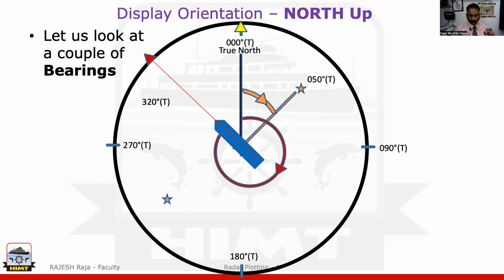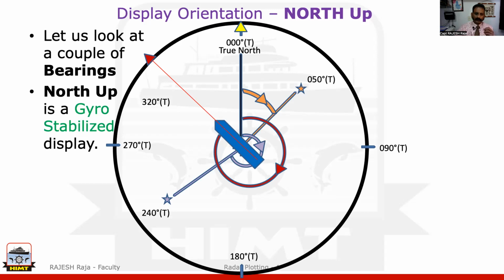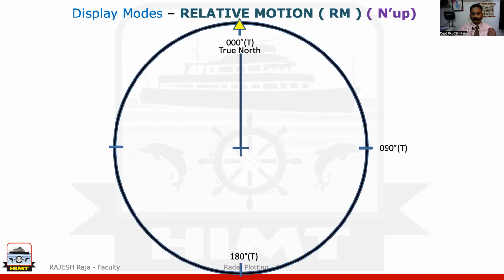Similarly, I'm going to give you one more lighthouse. Again, please join the vessel and the lighthouse. Draw a clockwise motion from the true north and measure it. So this is how you measure, and this is nothing new. We have already seen how to do it. Your north up is also called a gyro stabilized display because for this display I need a gyro, and the gyro should be as close to the true readings as possible.